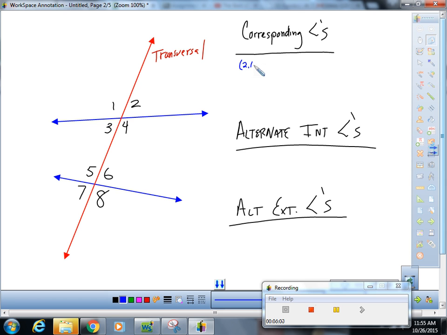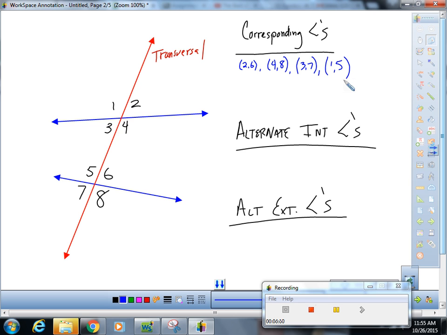Angles 2 and 6 would be corresponding angles. 4 and 8 would be corresponding angles. 3 and 7 would be corresponding angles. And 1 and 5 would be corresponding angles. So, what does it mean to correspond? It means to match up in this case.